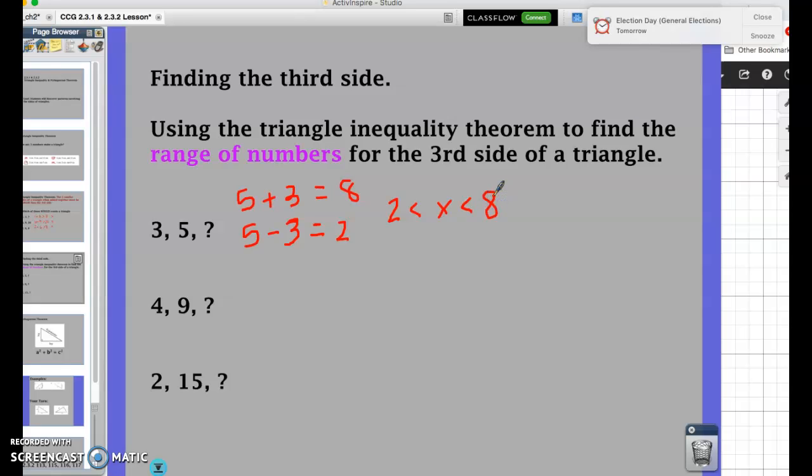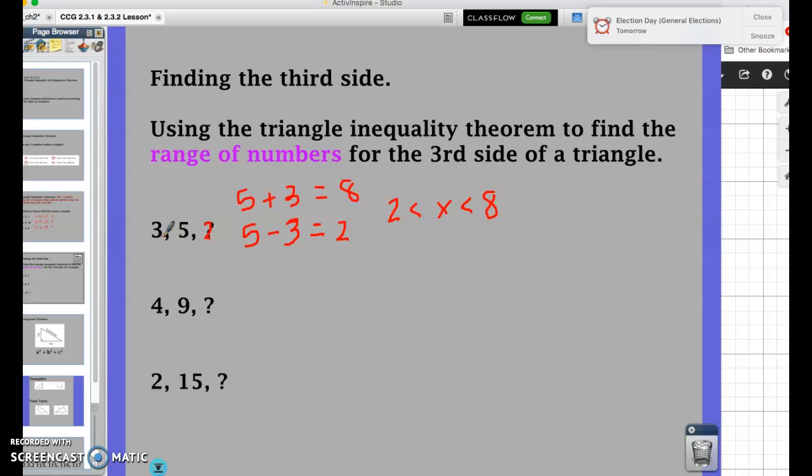Because if I put 2 here as my third side, remember the triangle inequality theorem, the two smaller sides have to add up to be bigger than the third. So 2 doesn't work, but any number between 2 and 8 would work.